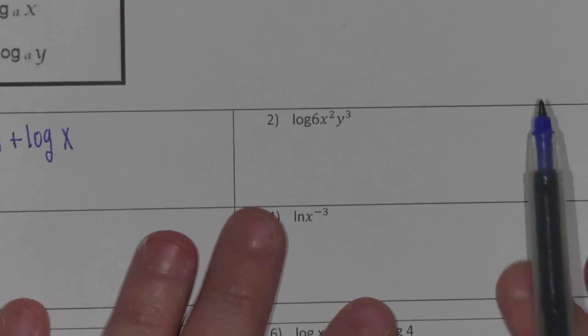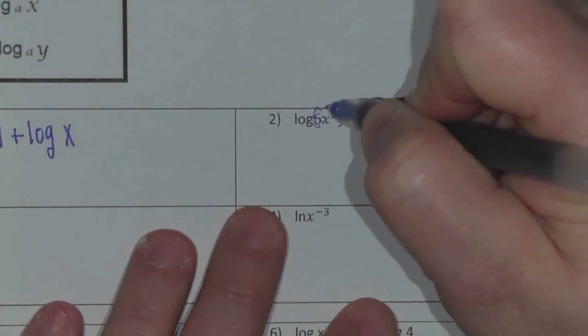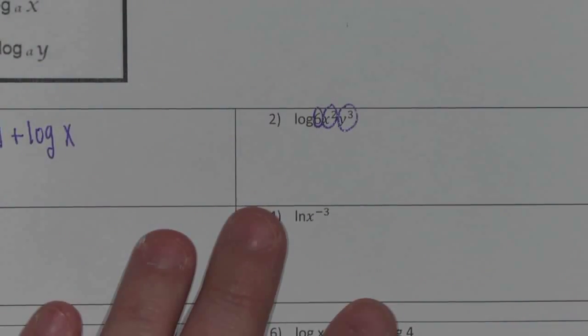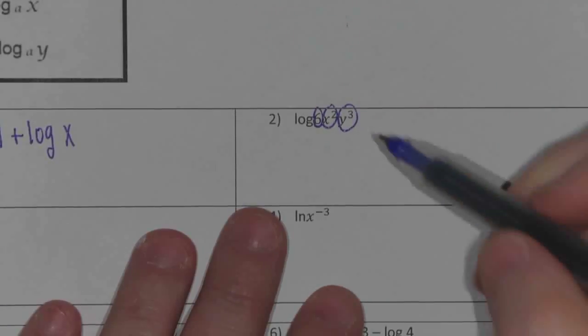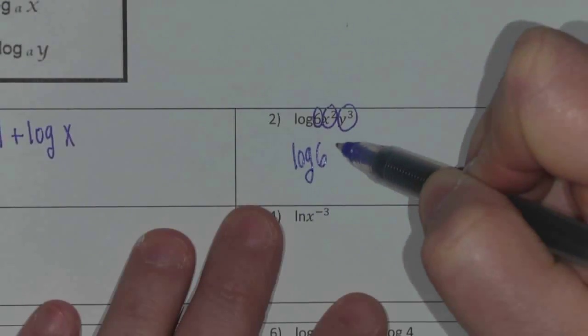Okay, number 2 then, same thing here. We're going to expand this out. I have 1, 2, 3 parts to this. So how many logs should I be writing? 3. My first one is going to be the log of 6 plus.